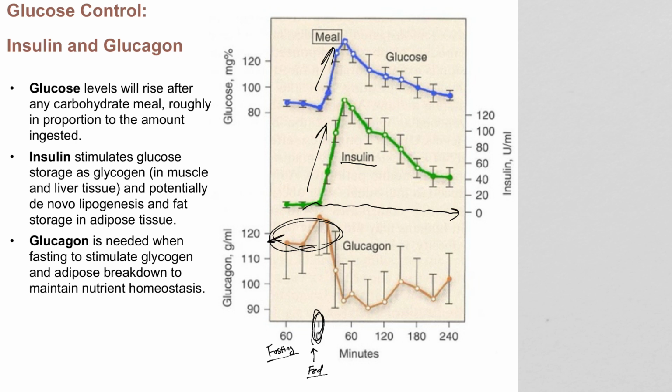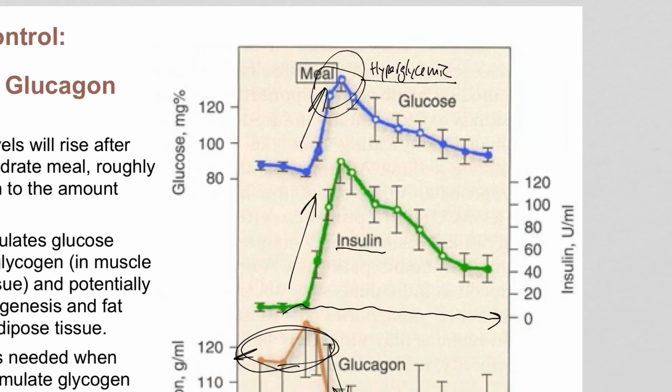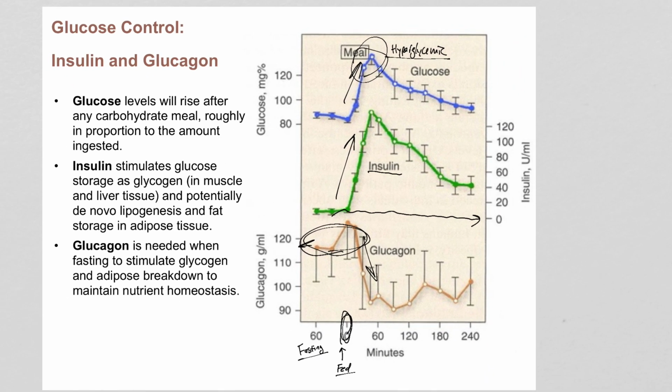We also need glucagon levels to go down because, remember, glucagon is the hormone that tells your body to break down the storage and release it back out into the blood. We don't want to be doing that right now, obviously, because we have more glucose than we know what to do with. This person is effectively hyperglycemic here, hyperglycemic just meaning elevated blood glucose above what we would normally want to see.